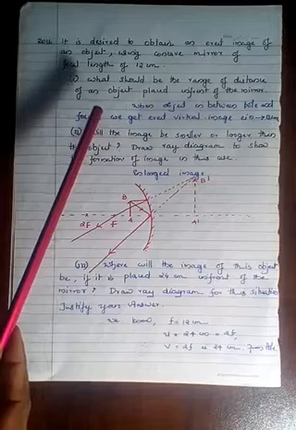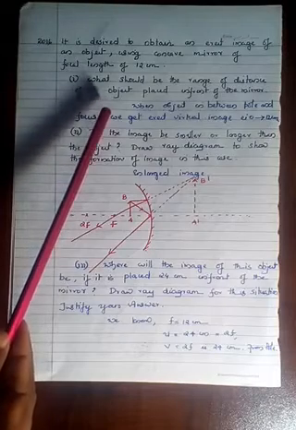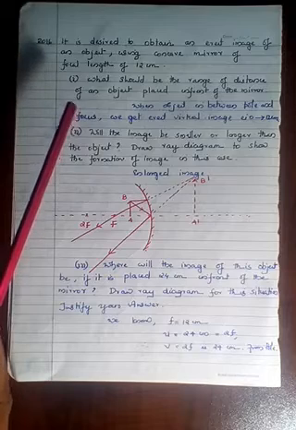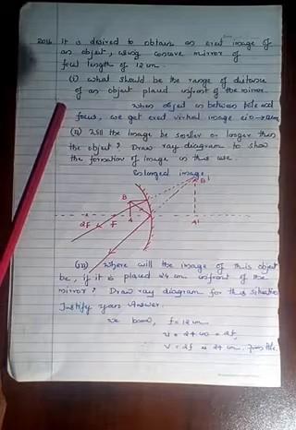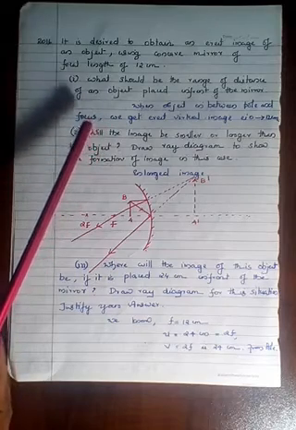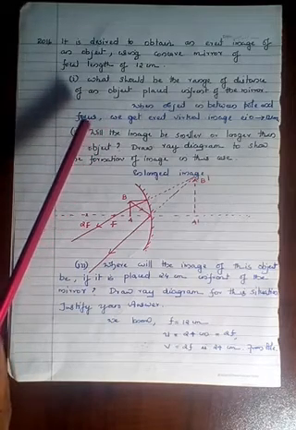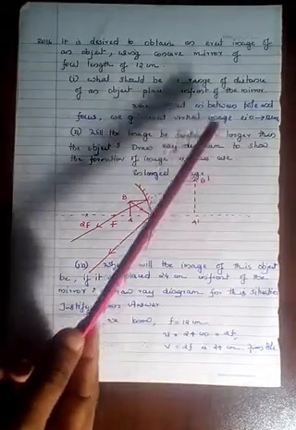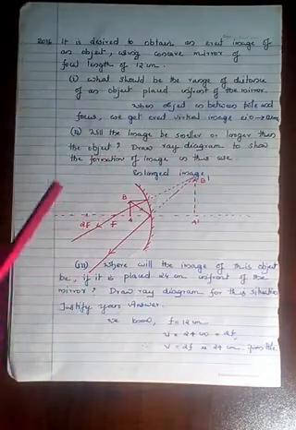What should be the range of distances of an object placed in front of the mirror? So we can easily say we need an erect image. That will be possible when we place the object in between the focus and the pole. So we can give the range as 0 to 12 centimeter.